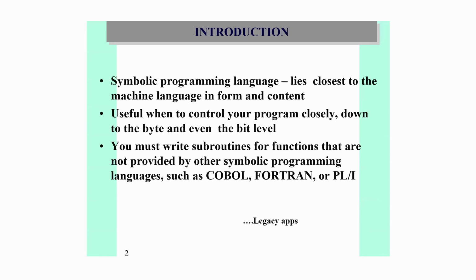And second thing is, it is very useful when you want to control your program closely, up to the byte and even the bit level. While coding in COBOL, you won't be thinking about bytes and bits, right? You'll be thinking at a much higher level. But in the case of assembler, you need to think at that level.